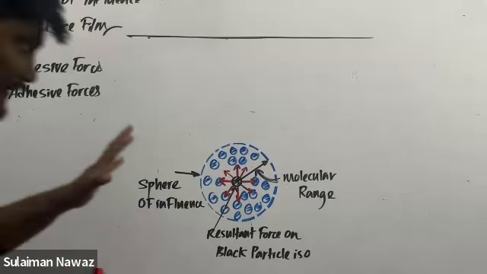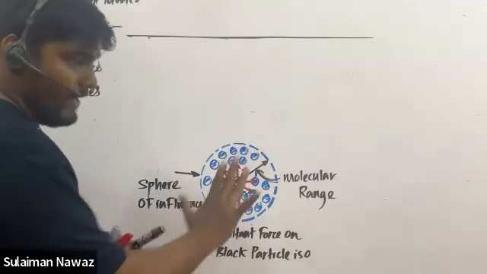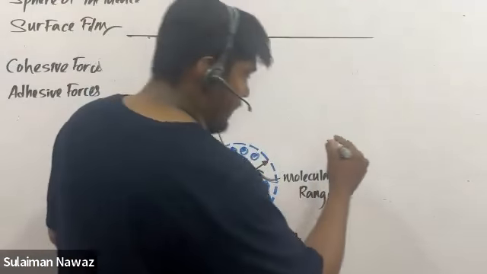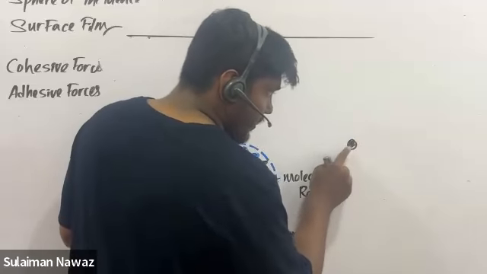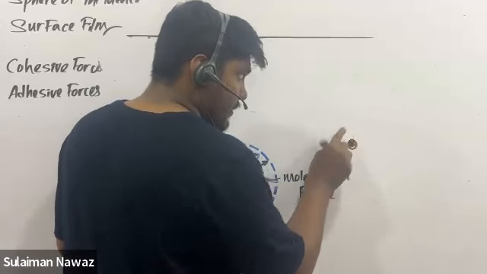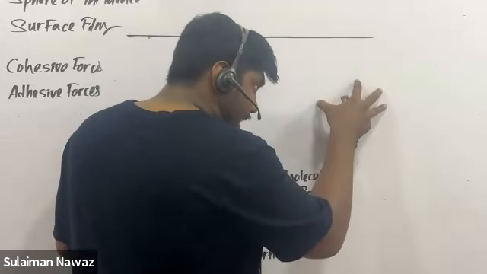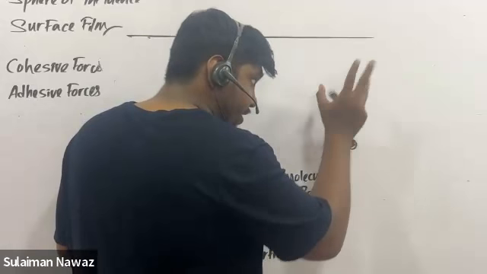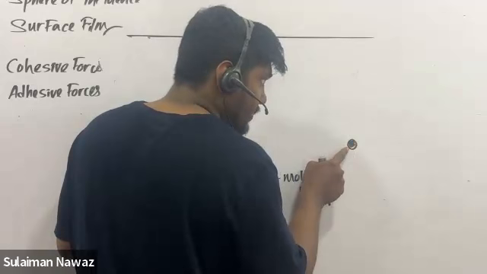Now, when I explain once again, roughly explain. If I consider a particle, then if I consider this particle, other particles in the fluid create forces on this considering particle, right?